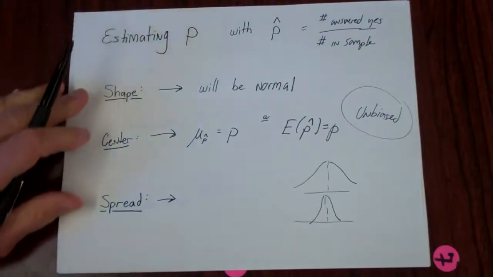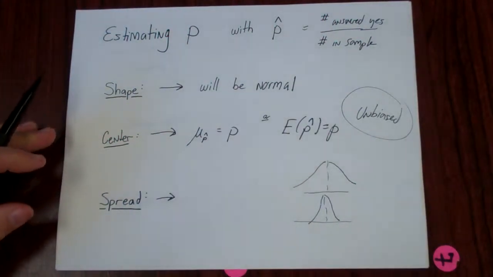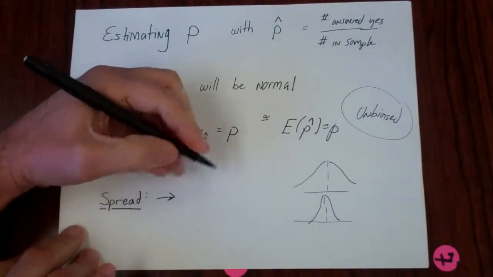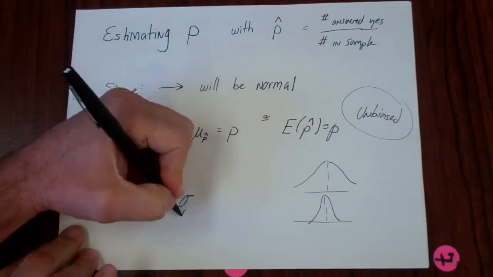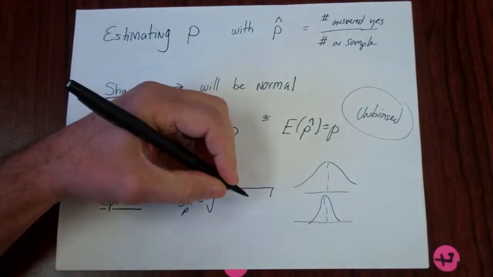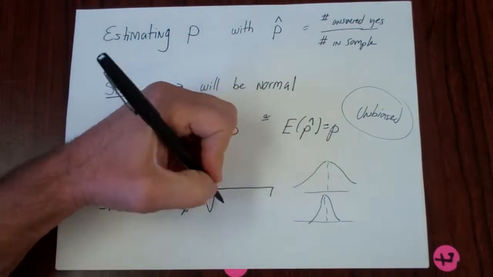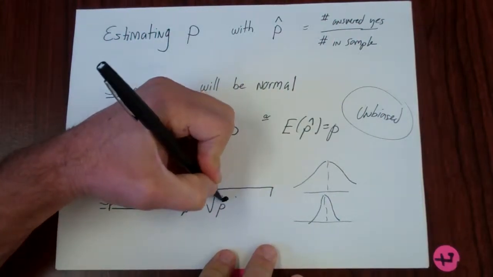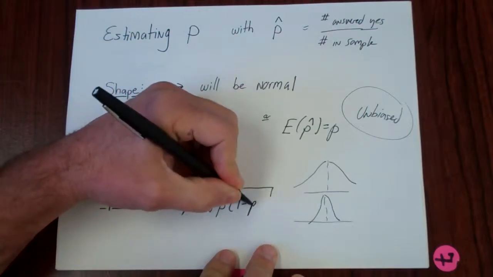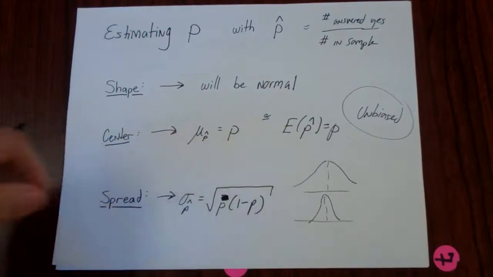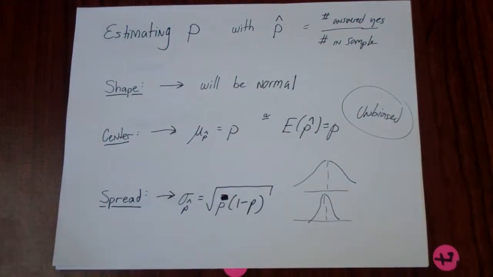The spread is measured by the standard deviation, and we talk about the spread of the estimator P hat. What we mean is that sigma P hat will equal the square root of P times 1 minus P. And that's what we mean by that. So in a second, we'll look at the second video.